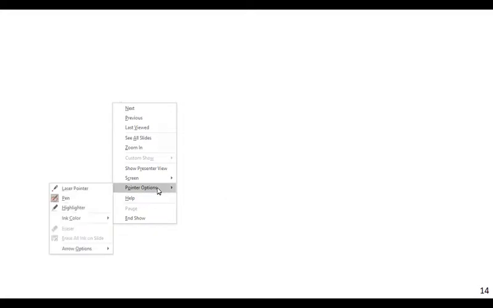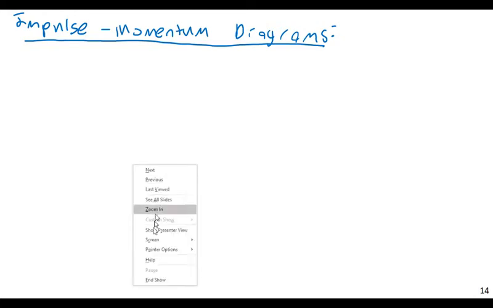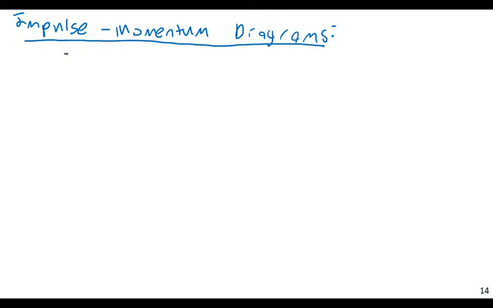I'm going to work through the concept of impulse momentum diagrams by working through a simple example. So I'm going to write this out first, write my prompt out first, and then I'm going to work through the diagrams.